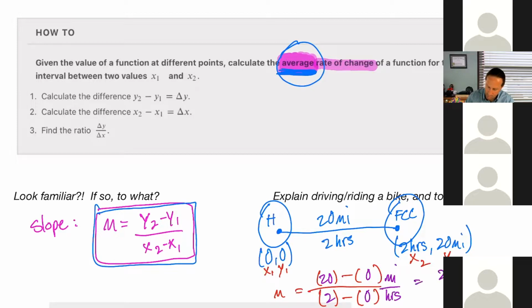And we would get 20 miles on top, 2 hours on bottom, which, as Will and a few others were saying in the chat, would give me a simplified version of 10 miles per 1 hour. And we abbreviate that big ratio or fraction with MPH, miles per hour. Does that make sense?